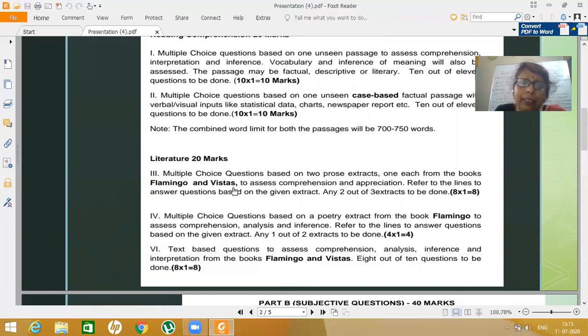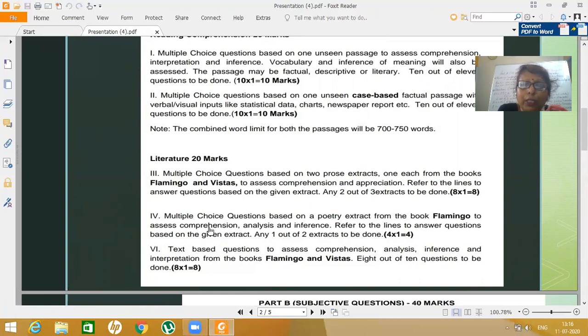This you don't forget. So you have to attempt 2, and again it will be of 8 marks. So that means it will be 4 into 1 and 4 into 1. That is how you will be getting total 8 marks.